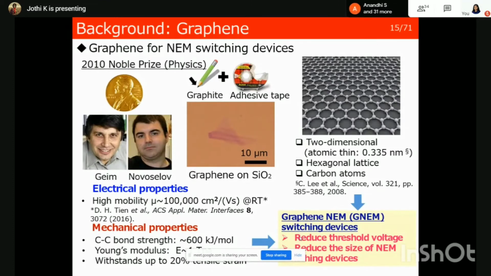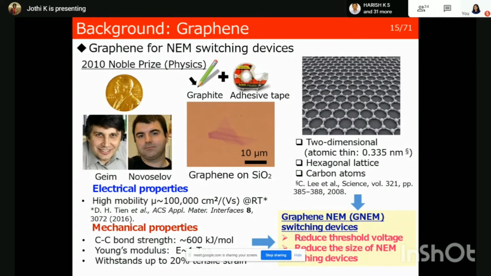Now the mechanical properties. It is a single layer, but its Young's modulus is about 1 terapascal. It can withstand more than 20% of its initial strain. And it is just carbon atoms with sp2 hybridization, which is one of the strongest bonds in the universe.